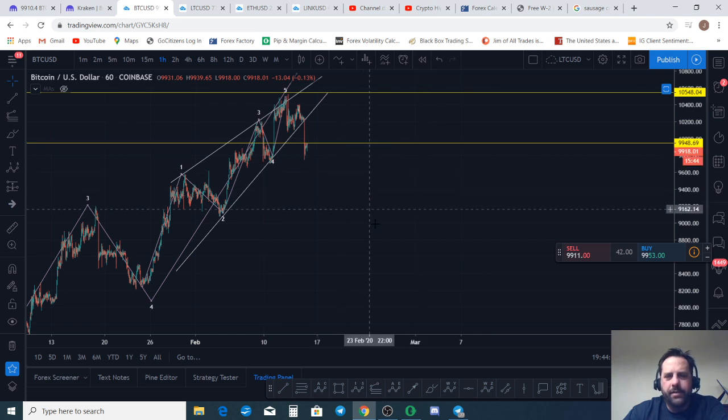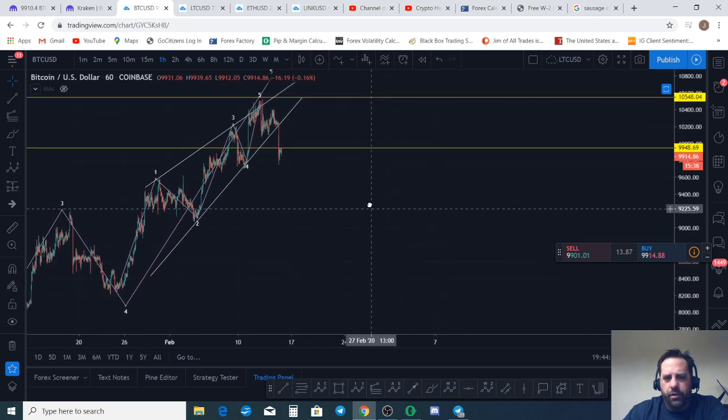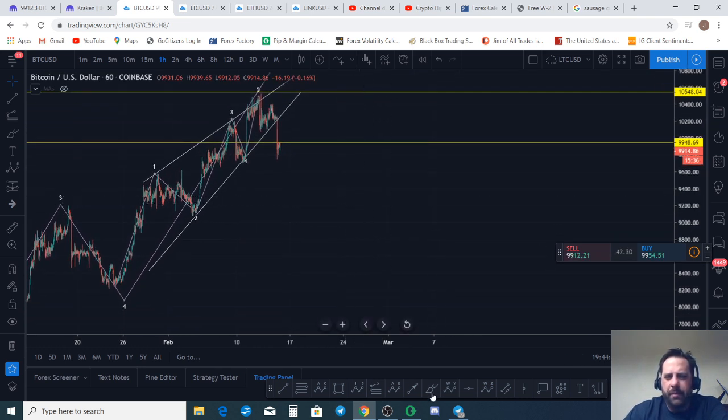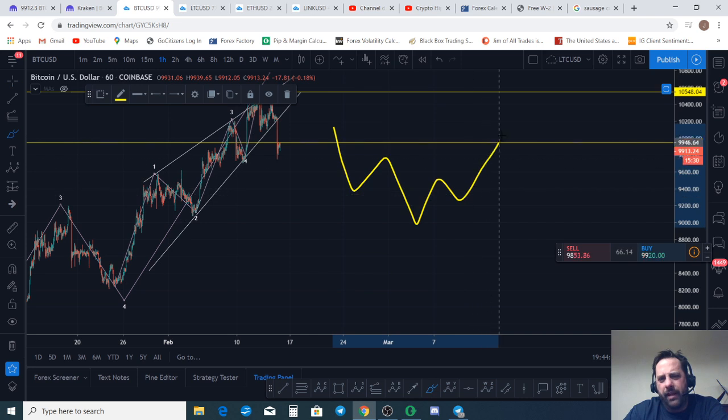Now, if that's the case, then what we would expect is some kind of a larger correction. That could take many shapes. We can do a WXY, which you'd have a three wave like this, a three wave like that, and then a three wave like so.